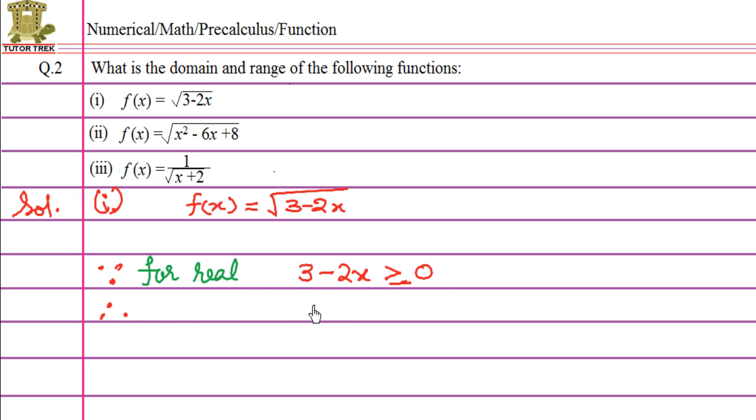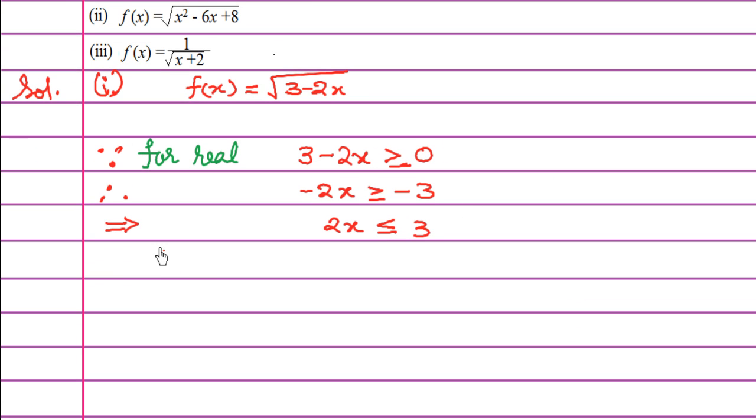Therefore, we have minus 2x is greater than or equal to minus 3, which implies 2x is smaller than or equal to 3. If you multiply by a negative sign on both sides of an inequality, the inequality symbol changes. So if it is greater than or equal to, it should be smaller than or equal to. Therefore, x is smaller than or equal to 3 over 2.